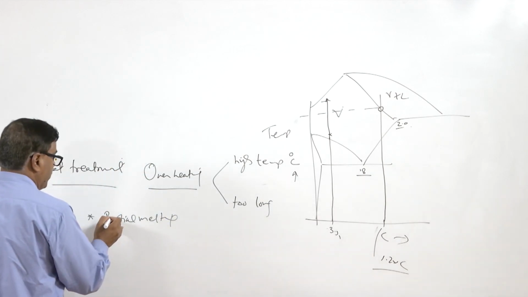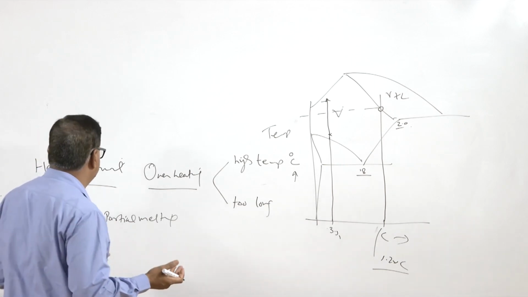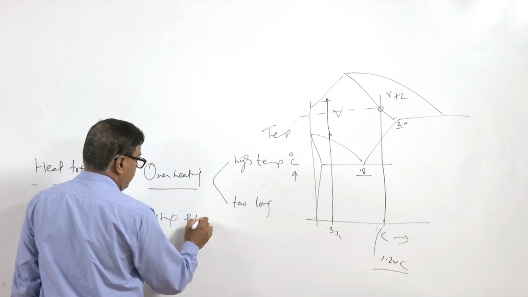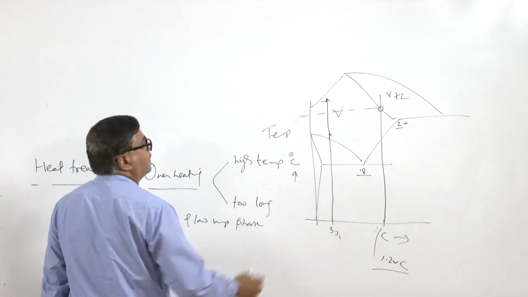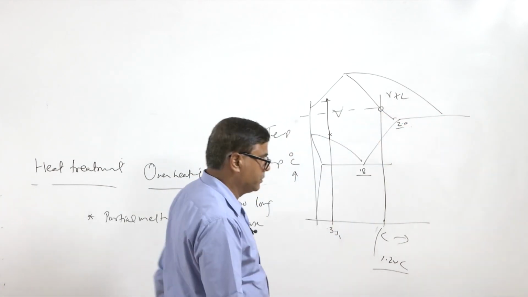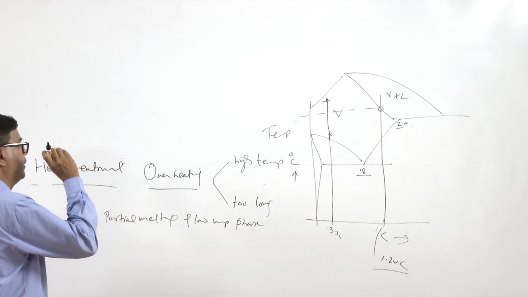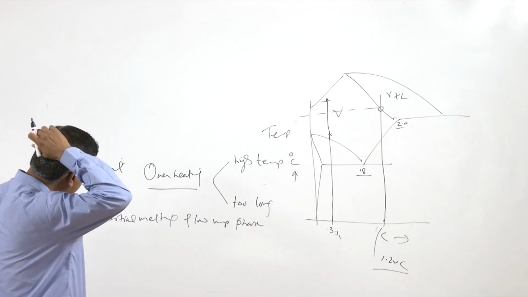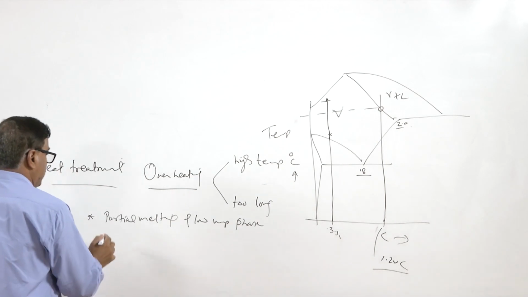So, depending upon the composition of the steel, the correct heating temperature has to be identified, otherwise it can lead to partial melting of the low melting point phases. And here it will basically be the eutectic, the ledeburite which is formed, which will be melting above the solidus temperature.